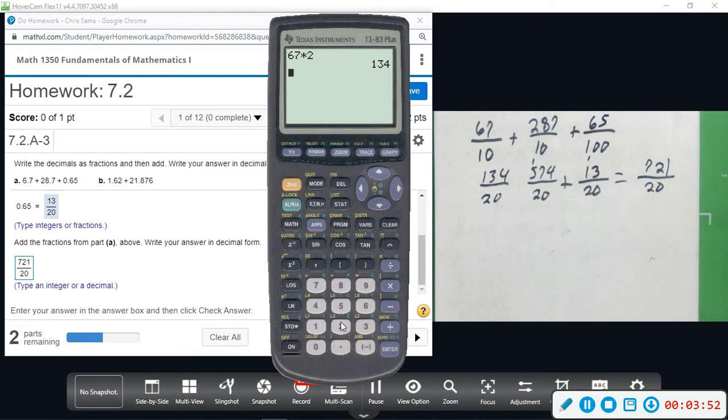Okay, 287 times 2, and we get 574. Okay, so we're going to add 134 and 574 and 13. We get 721 divided by 20. If we do math, enter, yeah, it won't reduce.